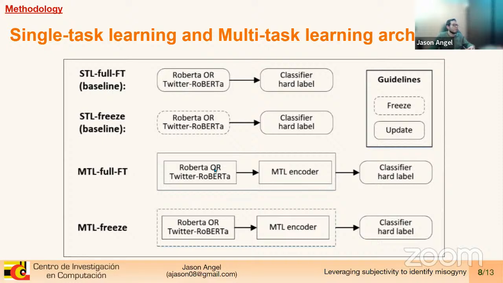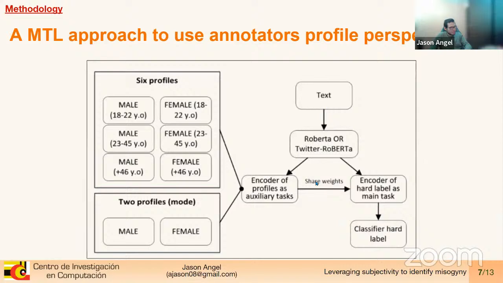So here we have our initialization using some language model. But depending on the scenario, for example full fine-tuning or freezing, we are not updating the parameters. So in a sense, here we have a single step, because we are training everything on this auxiliary task and then predicting on the main task.